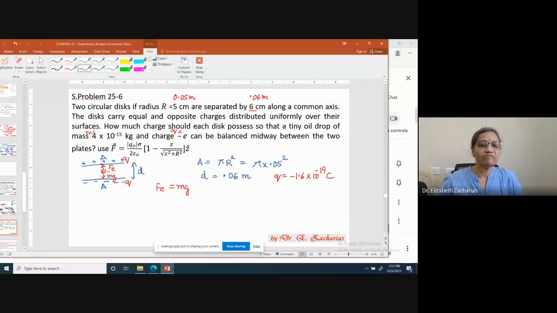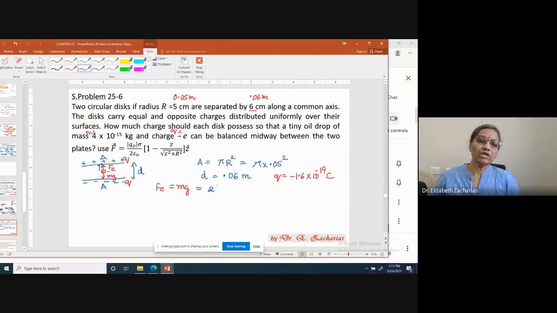Even otherwise, if the lower plate is negative, it is going to repel the oil drop, and the positive plate is going to pull it in the upward direction. Both these plates are carrying equal charges. Therefore, does each of them not exert the same force on this oil drop? Both of them are going to exert a force in the upward direction. So can't I say that Fe is also equal to 2 times the upward force exerted by one of the plates?